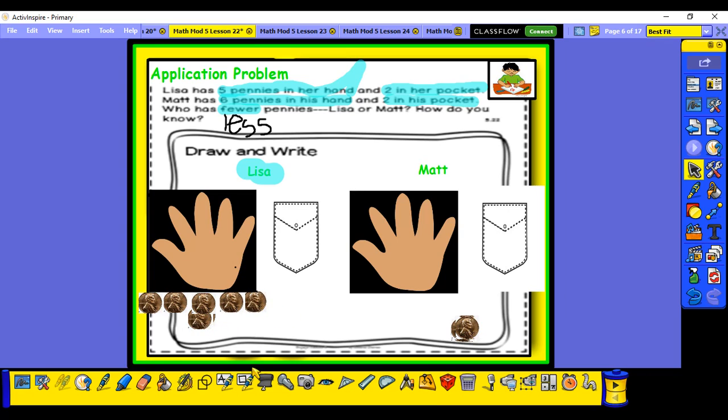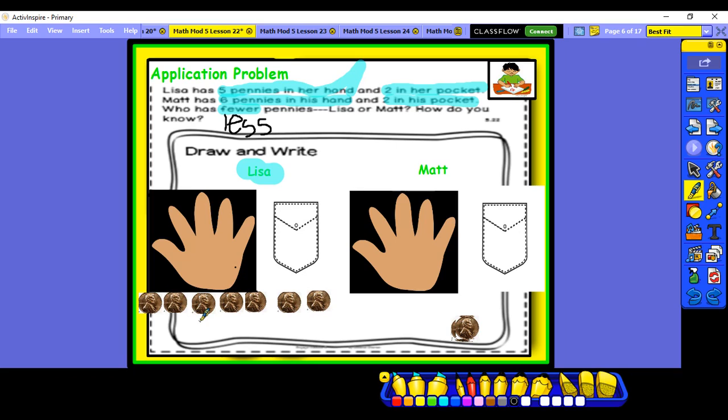How many did she have in her pocket? 2. 1, 2. How many pennies does Lisa have all together? I see 5 and 2. What does 5 and 2 make? 7. Good job.